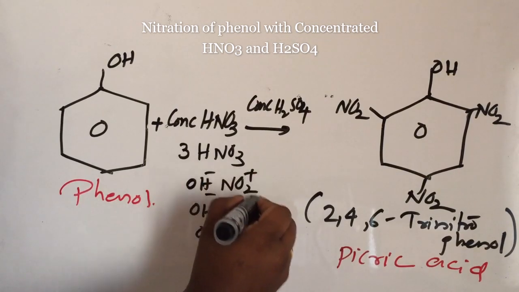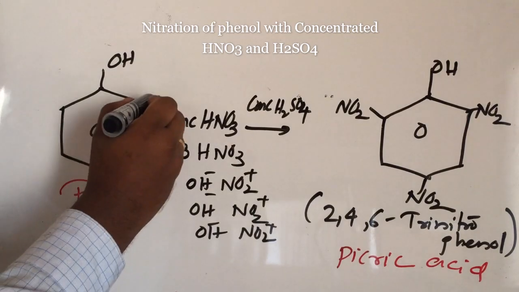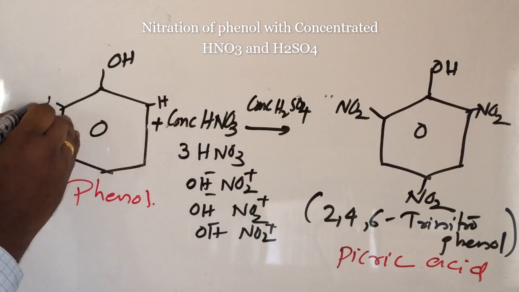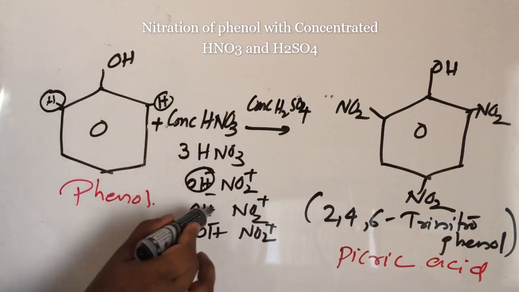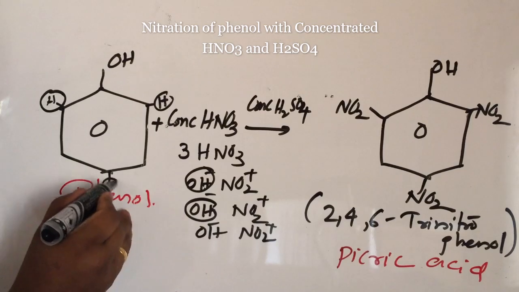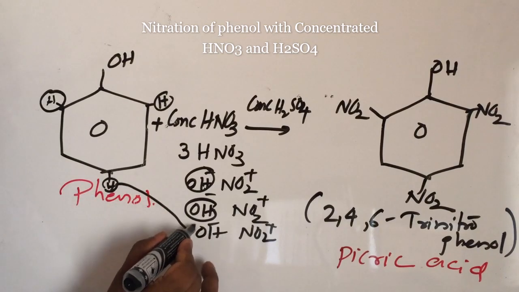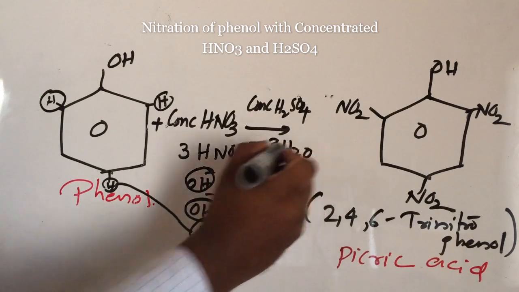Three electrophiles, NO2 plus. Then H from the two ortho positions is removed in the form of water, H2O, and one H from the para position is also removed in the form of water, so minus 3H2O.